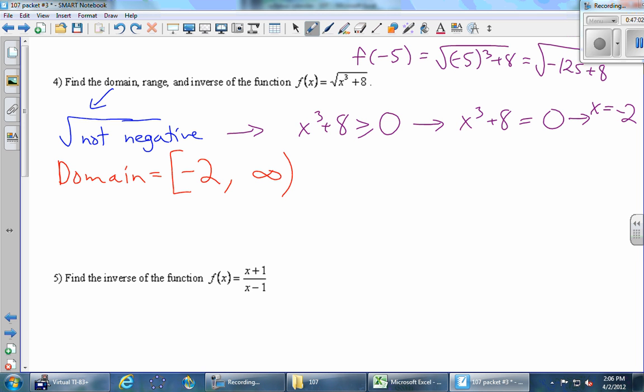The domain of f is the same as the range of f inverse, but to find the range of this, it requires some work. Let's think about this. The square root function.